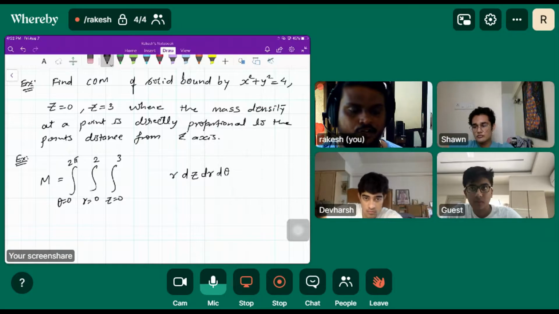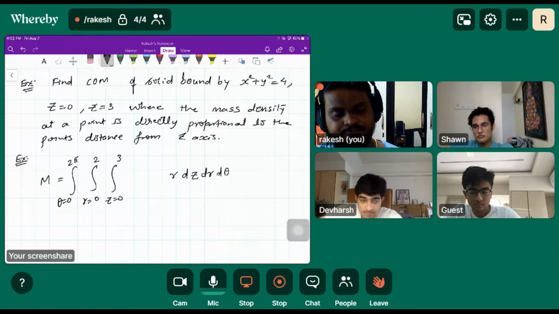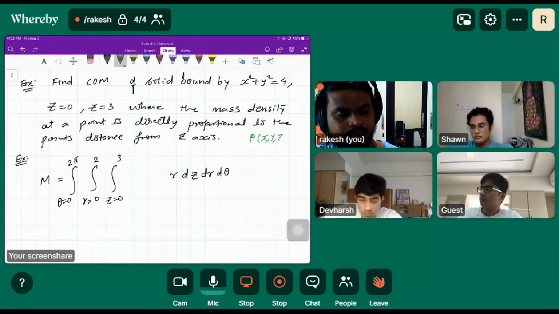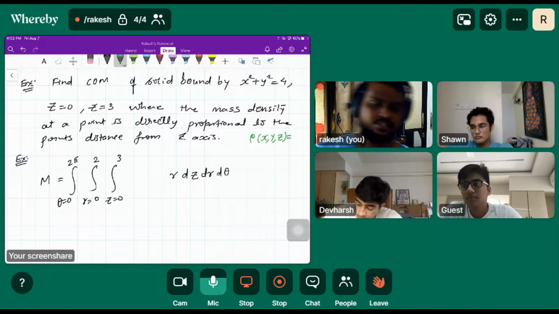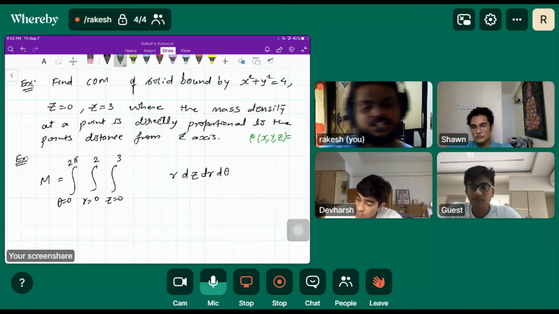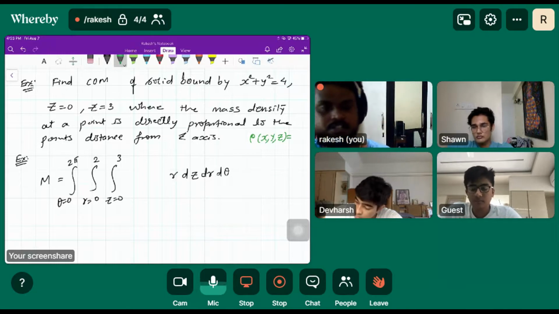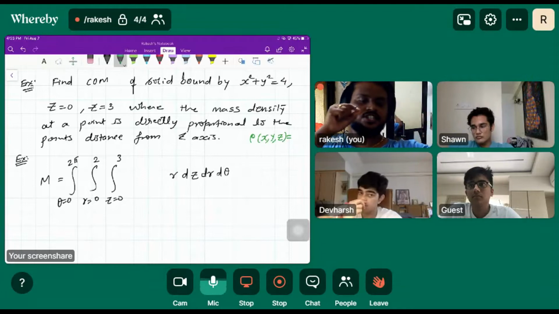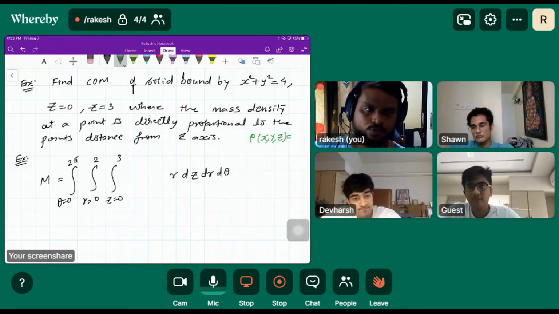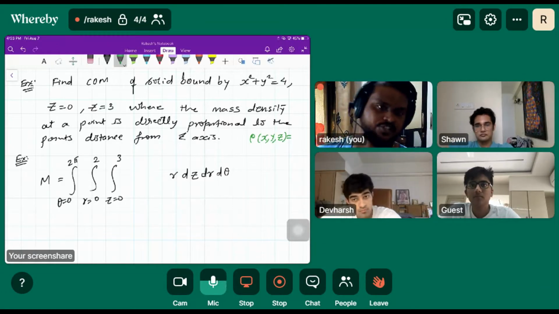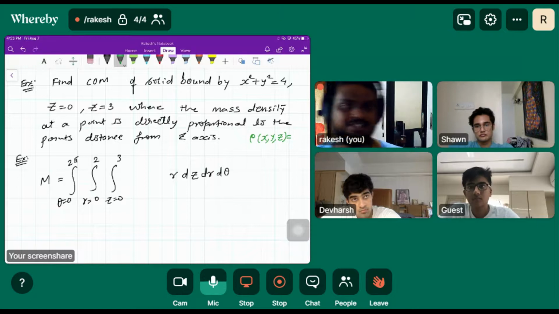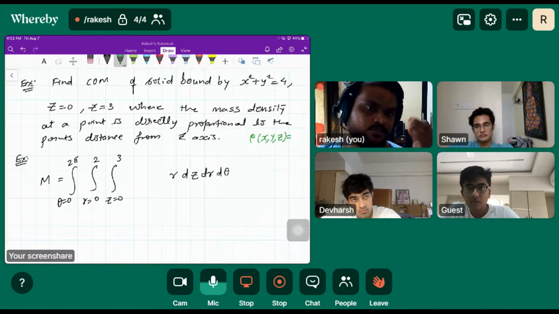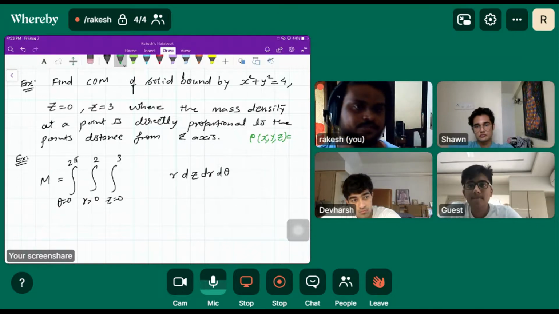What about the mass density function here? It is said that the mass density at a point is directly proportional to the point's distance from the z-axis. So what would be the relation? What is the distance of a point from the z-axis?